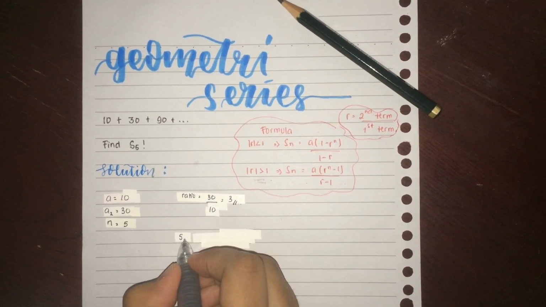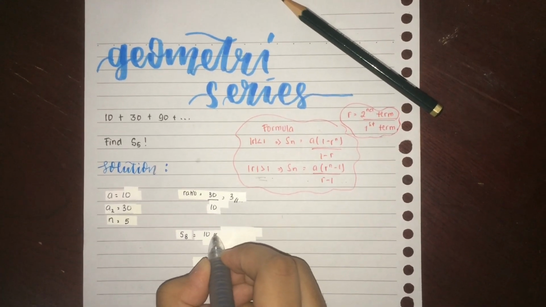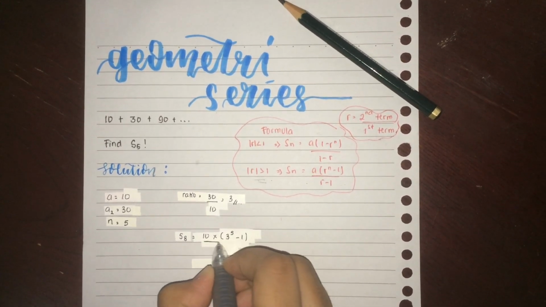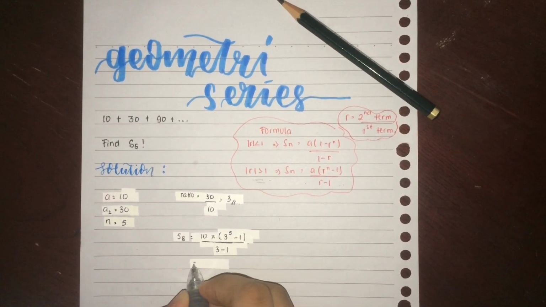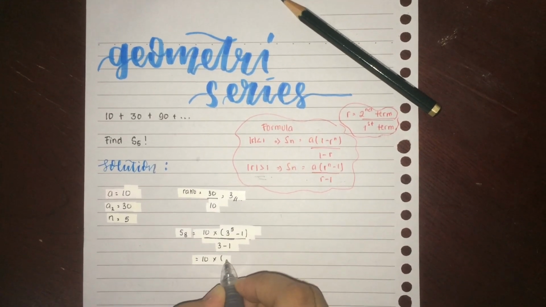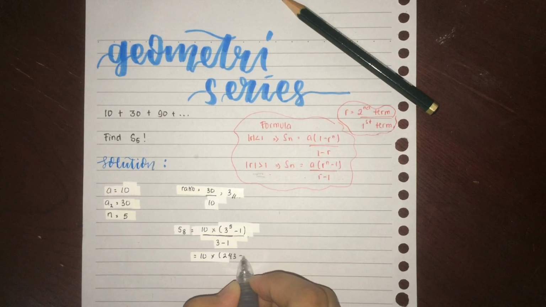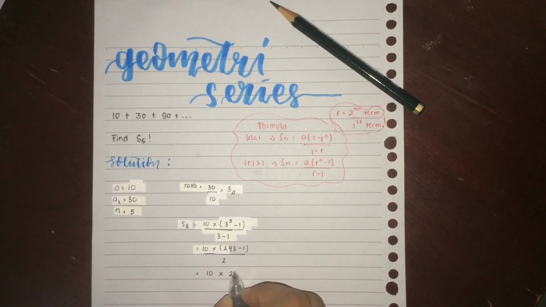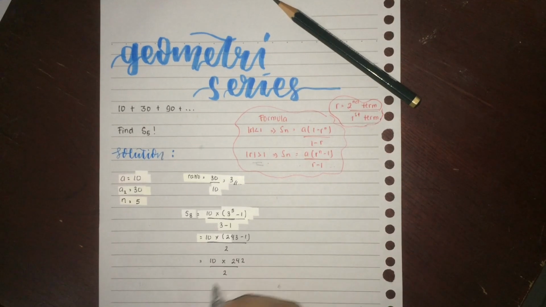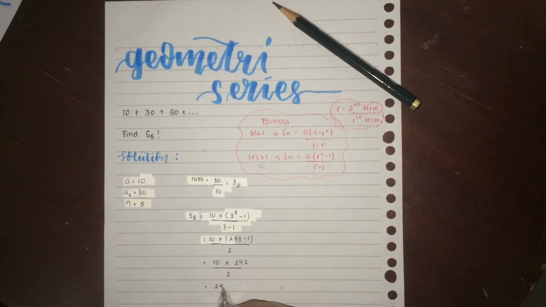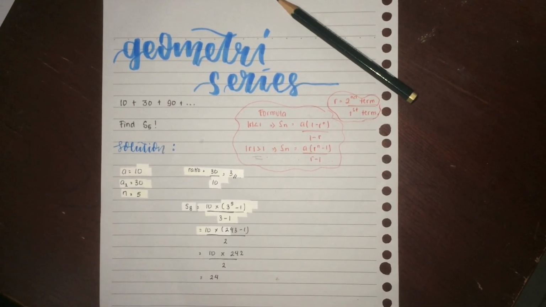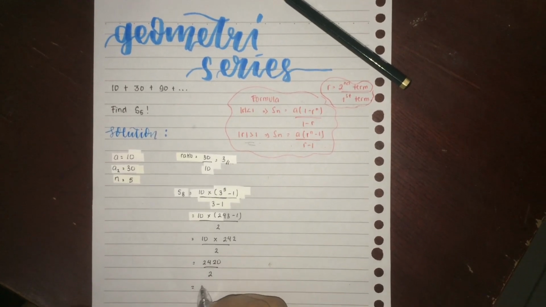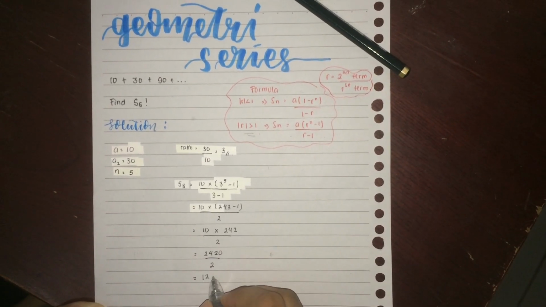So the sum of the fifth term is 10 times brackets 3 to the power of 5 minus 1, divided by 3 minus 1, is equal to 10 times 243 minus 1 divided by 2, is equal to 10 times 242 divided by 2, is equal to 2420 divided by 2, is equal to 1210.